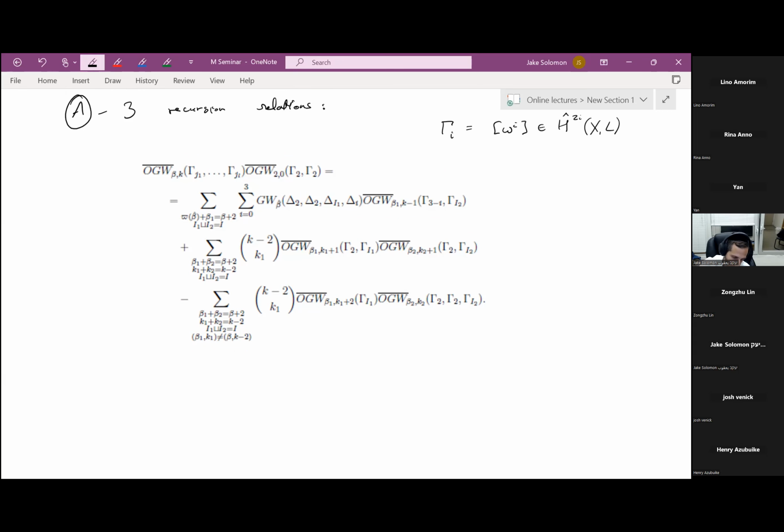And the deltas are sort of the regular Gromov-Witten invariants, I'm not going to say what they are. And this is the class of omega to the I in the absolute cohomology.